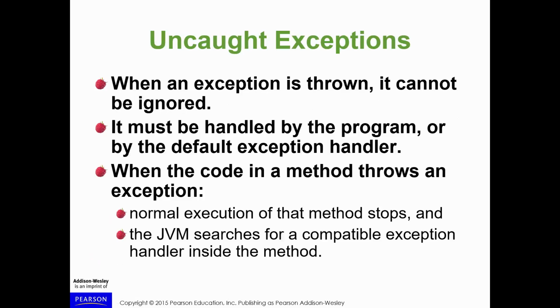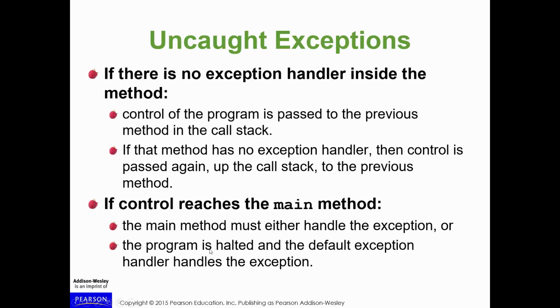All right. Now we already mentioned this, that when an exception is thrown, you can't ignore it, because if you do, the program will eventually crash. So either you must handle it in the program, or there must be some way that the system itself can handle it. So again, when an exception is thrown, the execution of the method stops, and the Java virtual machine starts searching for a compatible exception handler in that method.